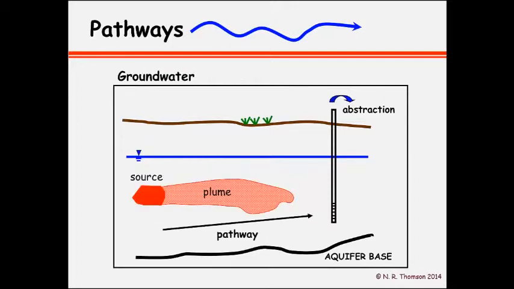Other pathways are perhaps a groundwater-only pathway where we have the source within the aquifer. That might be a non-aqueous phase liquid source, or a NAPL source, developing into a dissolved phase plume, and then the pathway between the source, the plume, and again the abstraction well on the far side.